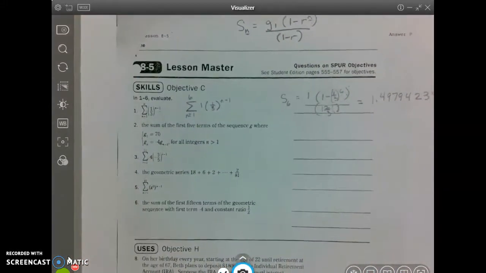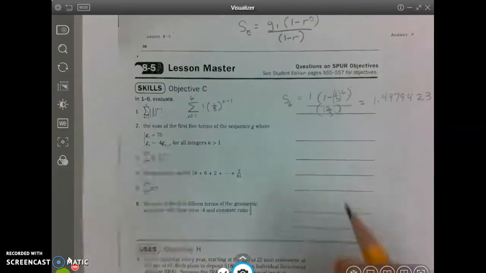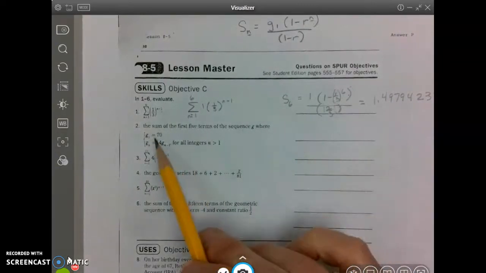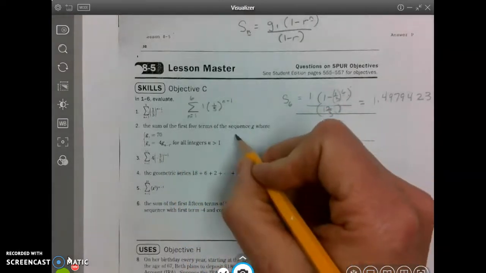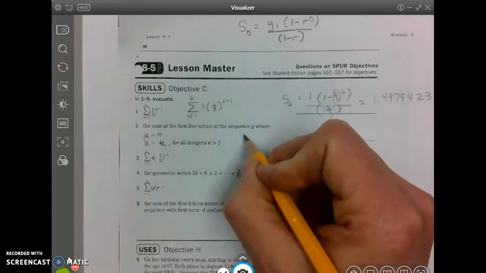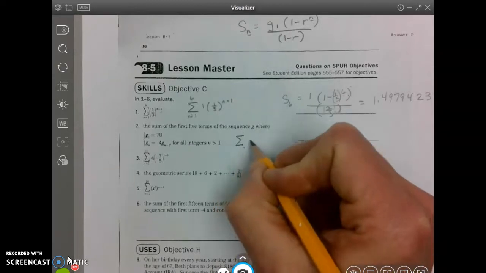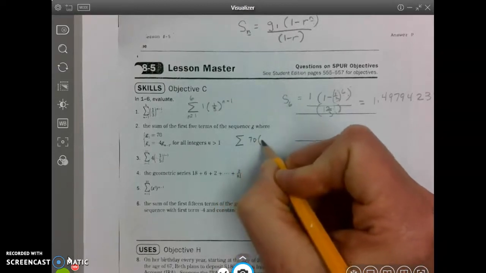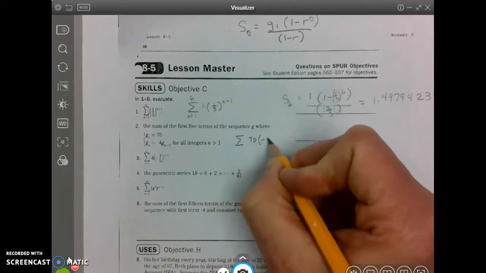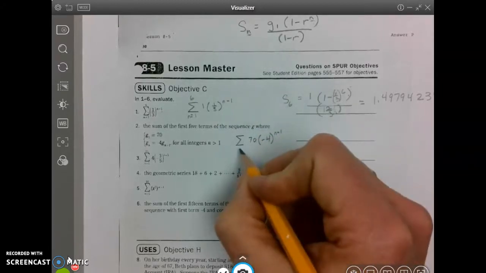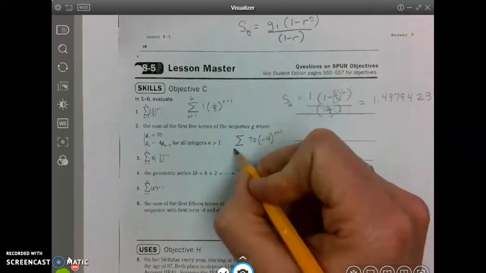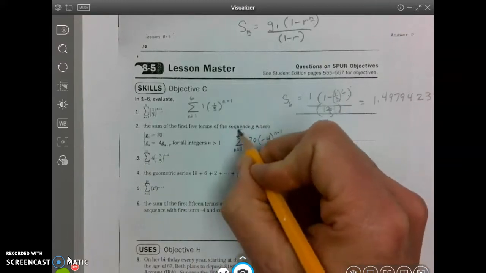For my next problem, it says what's the sum of the first 5 terms of this sequence, where the first term is 70, and we're multiplying by -4 by the previous term. So that means that I would be looking at, first term is 70, my constant ratio is -4 to the n minus 1. And I'm looking at the first 5 terms, so I'm going from n equals 1 to 5.